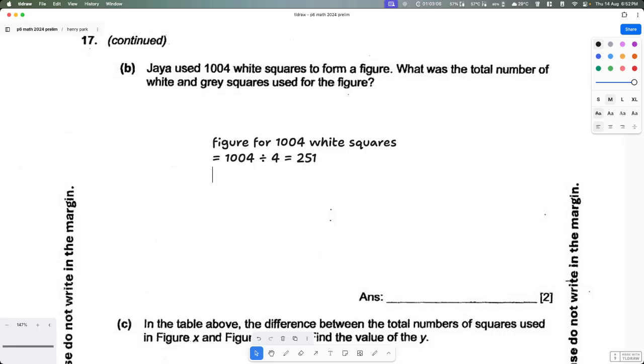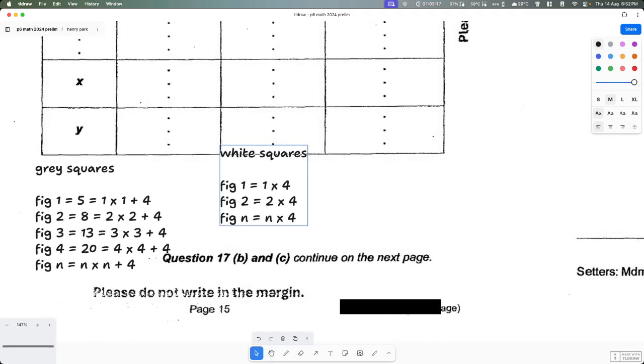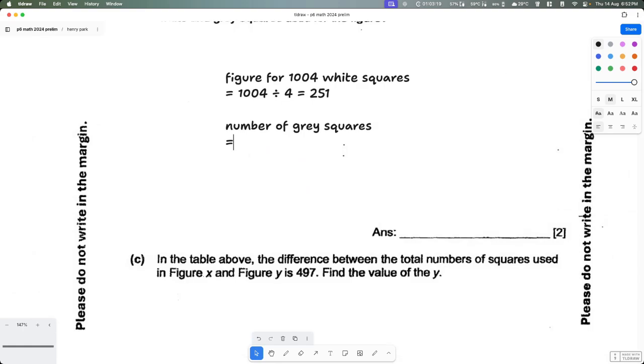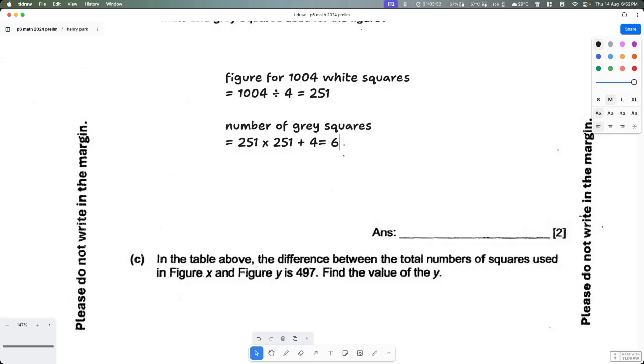So number of gray squares is just figure n times n plus 4. So 251 times 251 plus 4, that's 63,005. So now the total is equal to 63,005.